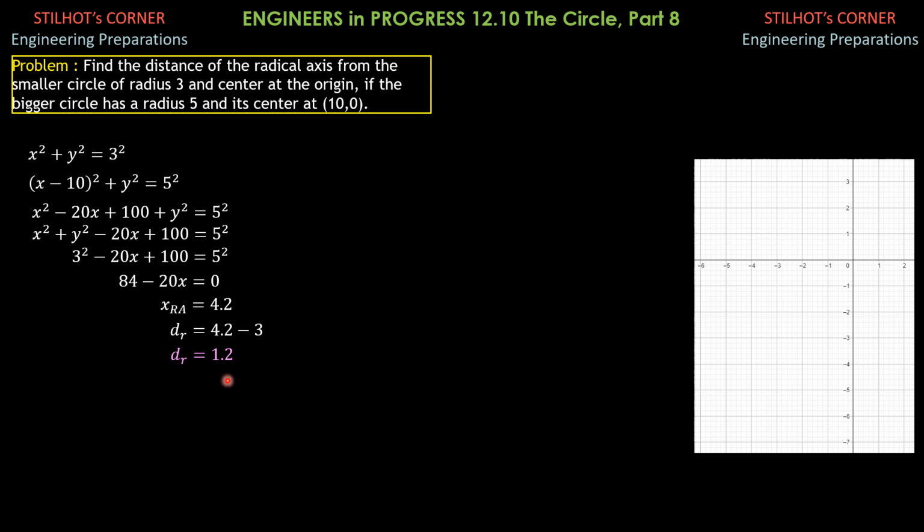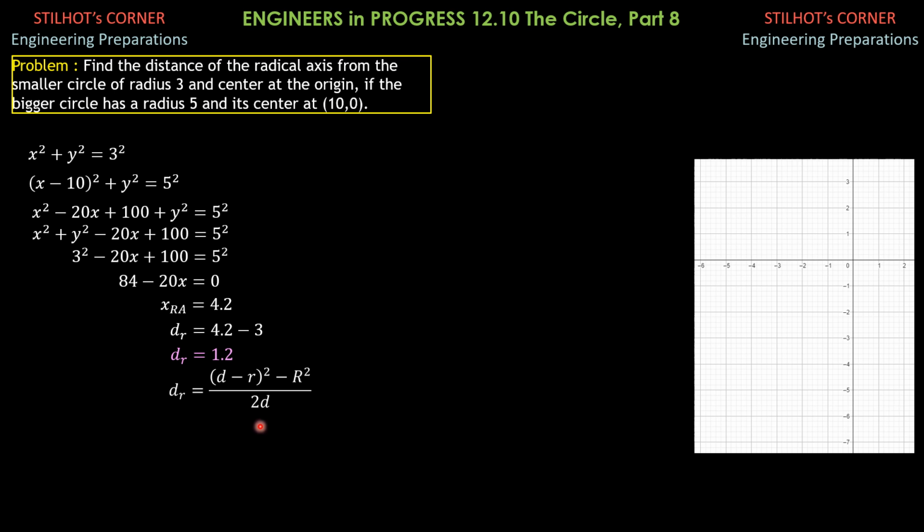Then we substitute the formula which we have just derived, where small d is 10. So d sub r is the quantity (d minus small r) squared minus big R squared, all over 2d.